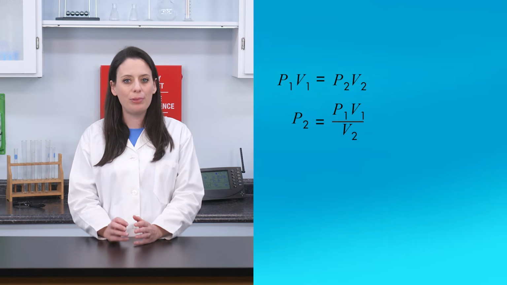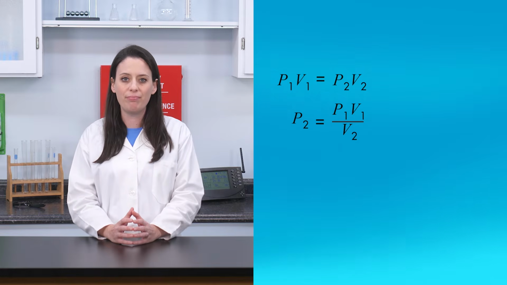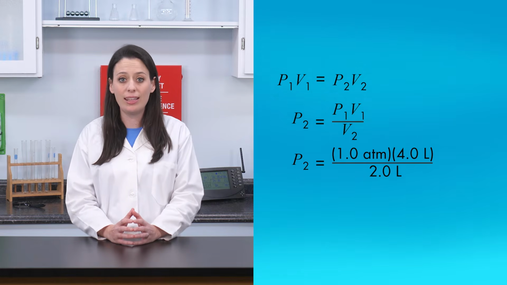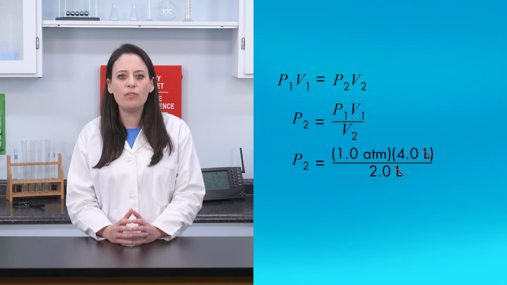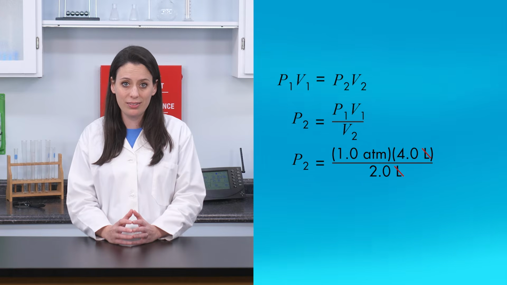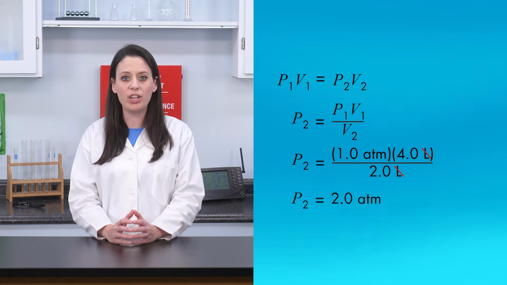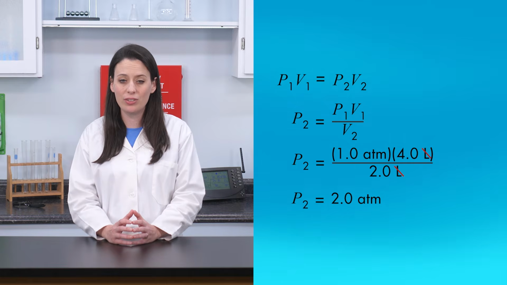Since we are solving for P2, we rearrange the variables of the equation and substitute the given values. Notice that the units for volume cancel and only the unit for pressure remains. After we solve the equation, we arrive at an answer of 2 atmospheres.